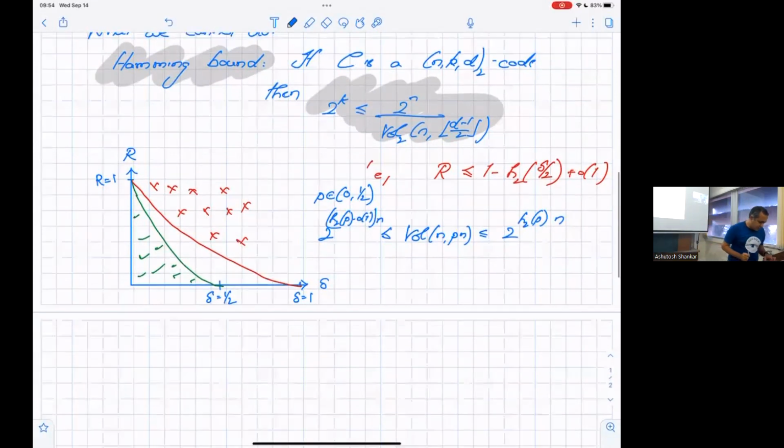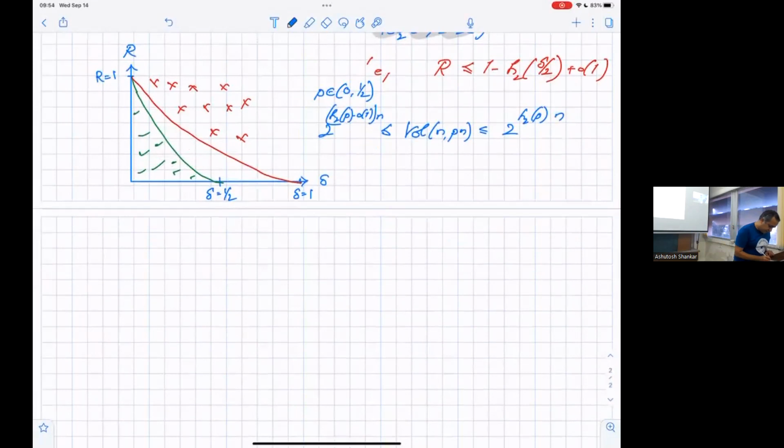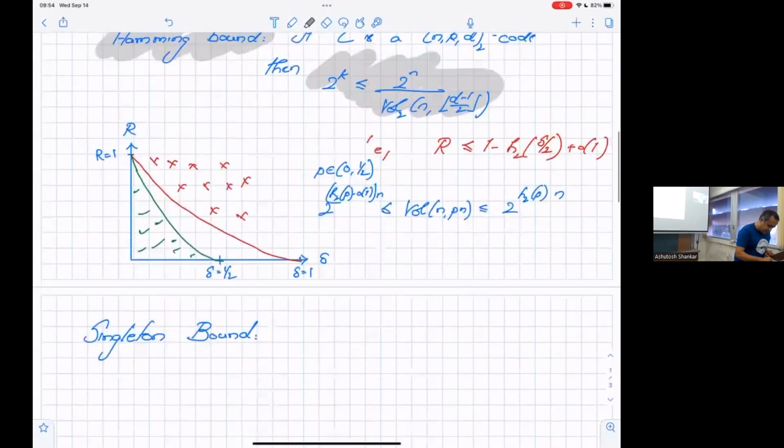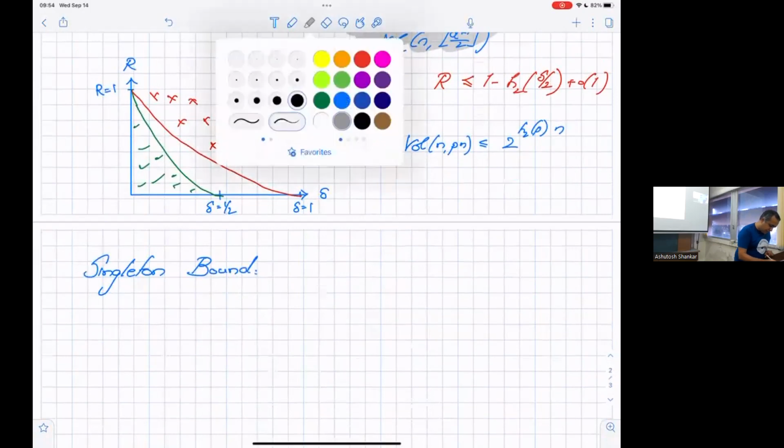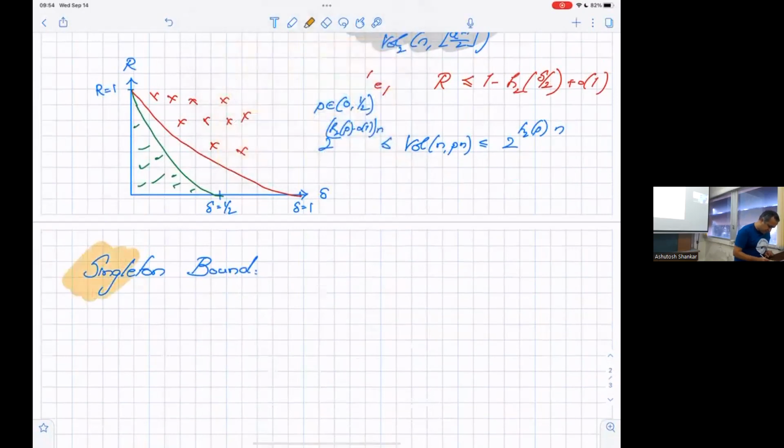So let's begin with the first of our bounds, which is the Singleton bound. For historical reasons, this bound is called the Singleton bound, though Singleton was not the first person to do it.